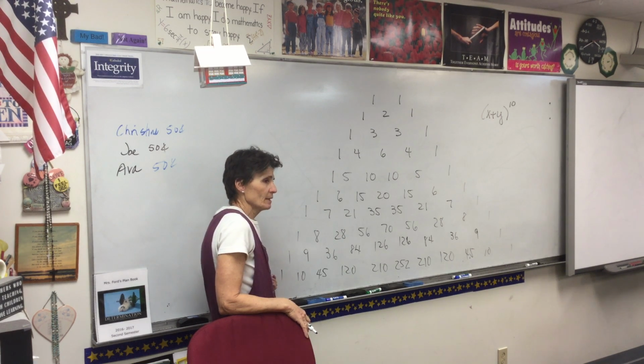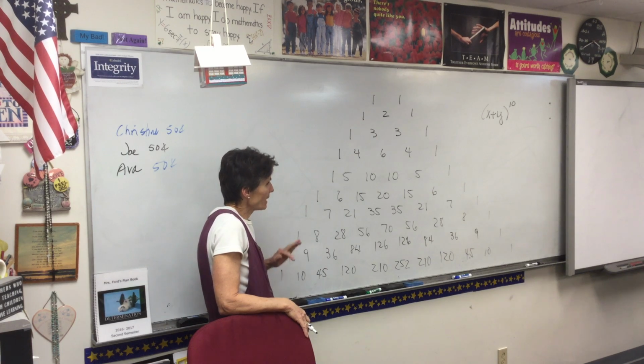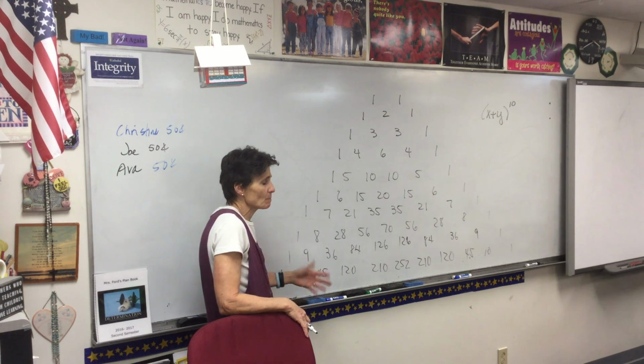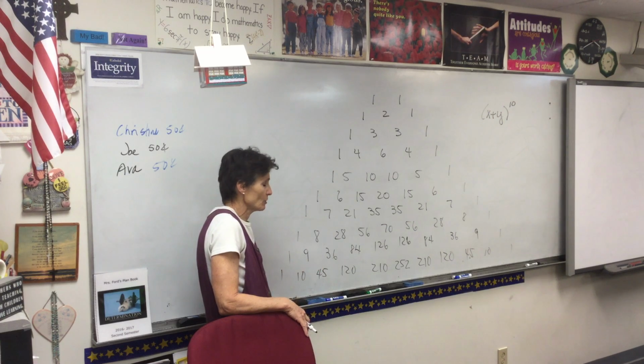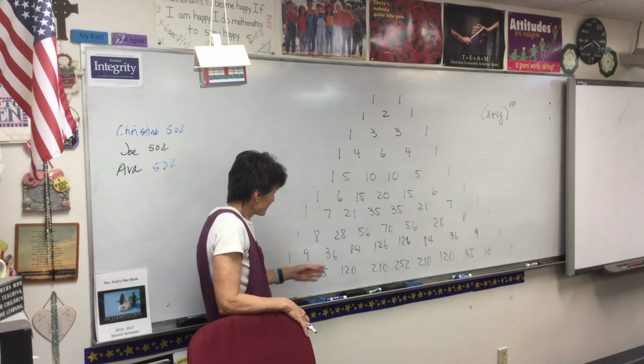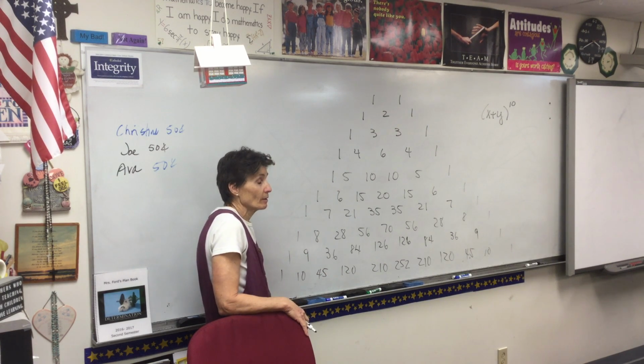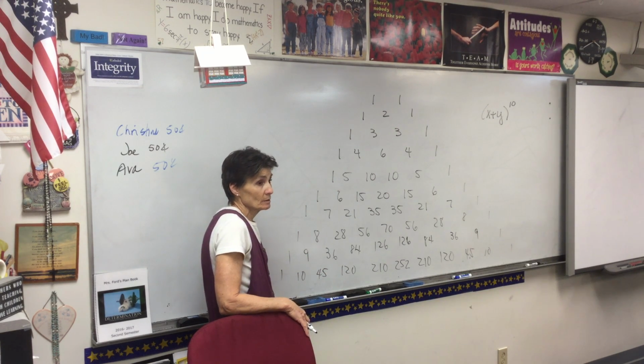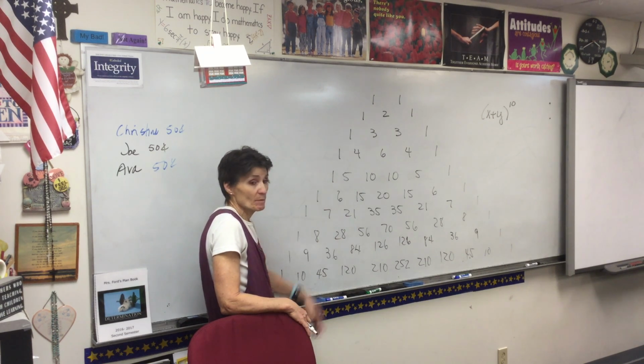Now in a minute, I'm going to give you a little shortcut here that you can take or leave. Sometimes it's more confusing. But this, I think I added right, is the 10th row of the triangle. And why did I go to the 10th row? Because it's to the 10th power. So the power tells me what row to go to, right?